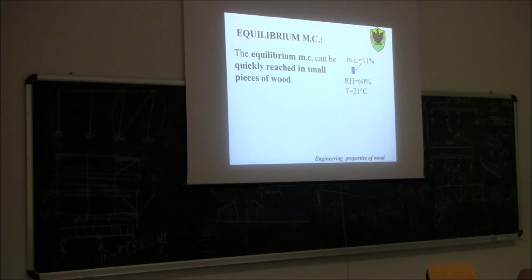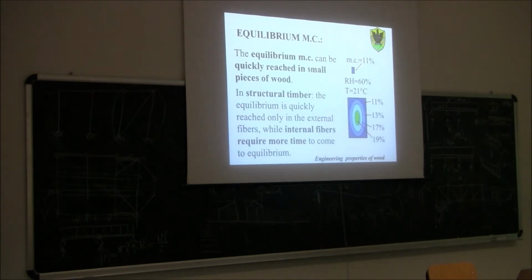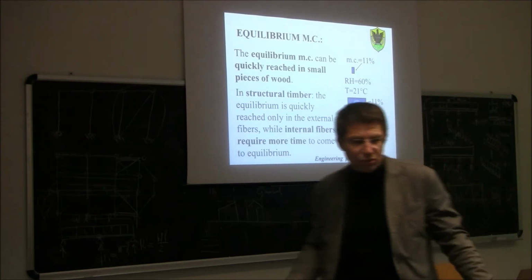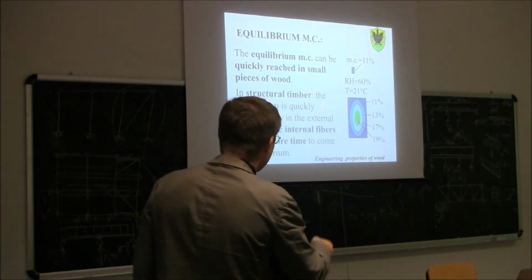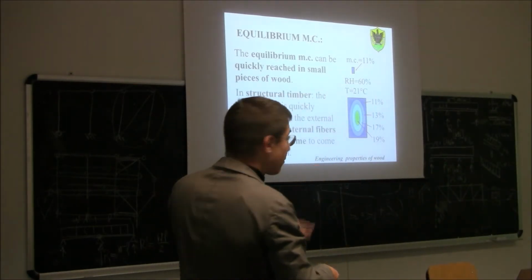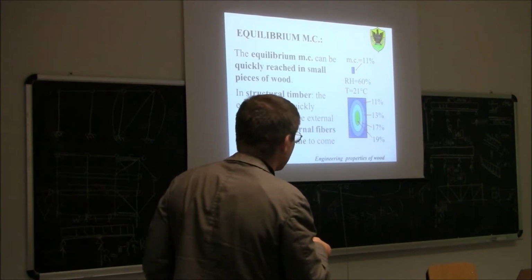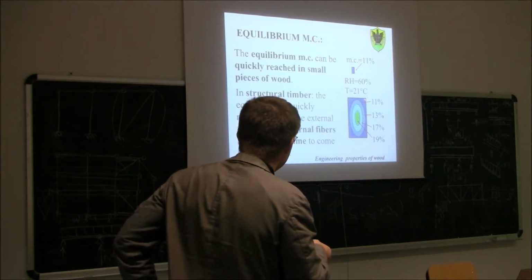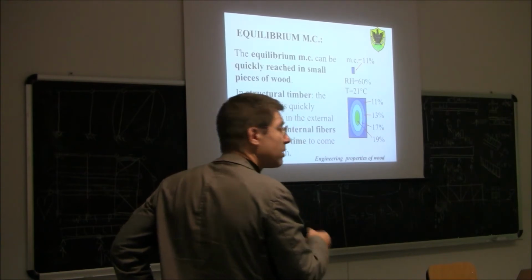Another important thing: these values of equilibrium moisture content can be reached quickly only in small specimens. Only if you have a very small specimen that you put into a certain environment can you reach the equilibrium moisture content. Because if you instead have a large size structural timber, for example a big cross section, and you put it in the same environment and then measure, you will find the target equilibrium moisture content of 11% only in the exterior fiber, not in the interior fiber.